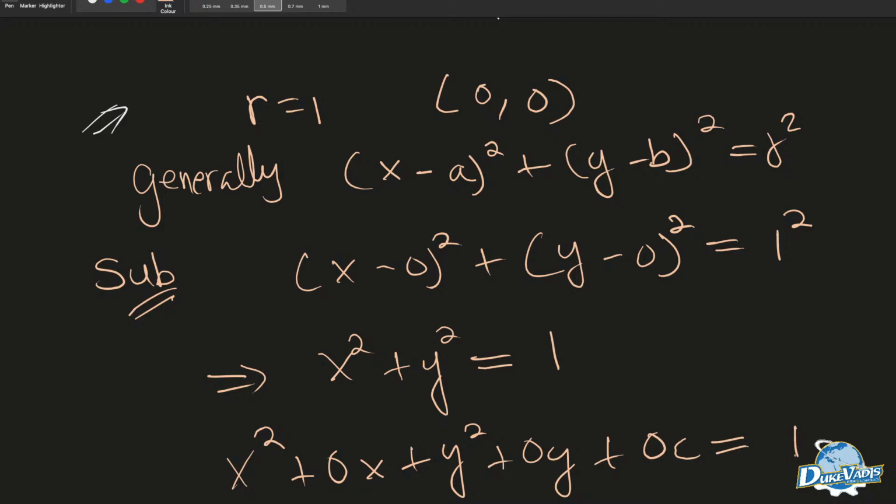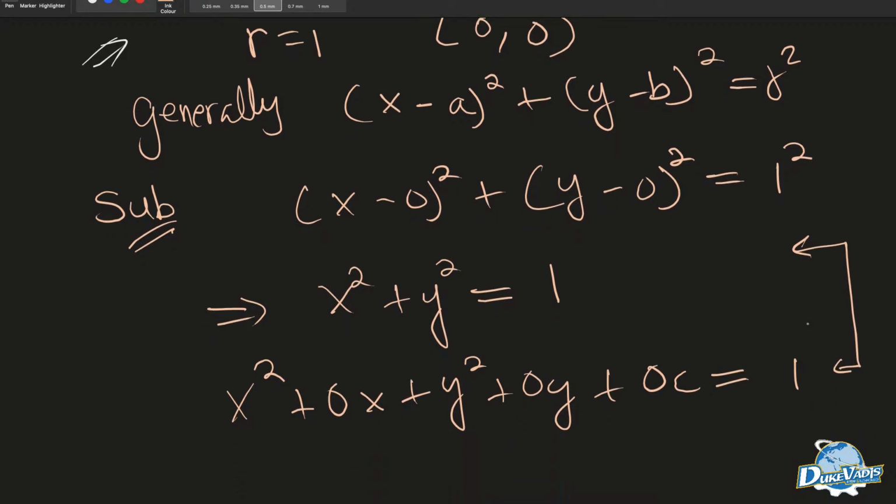Have you seen that? So these two equations are the same. Why? Because 0 multiplying x is 0, 0 multiplying y is 0, 0 multiplying constant c is 0. So that's the reason why this same equation can be written like that.